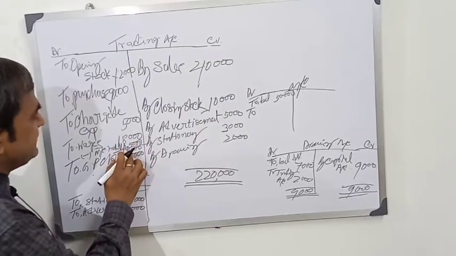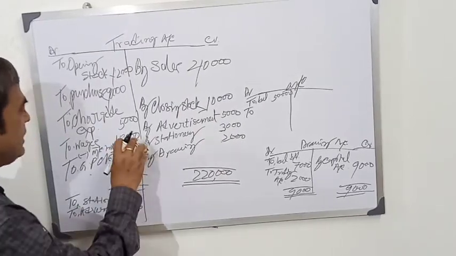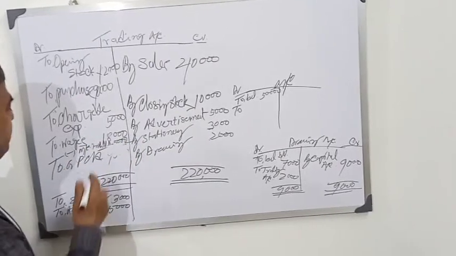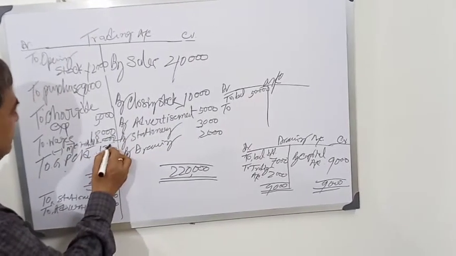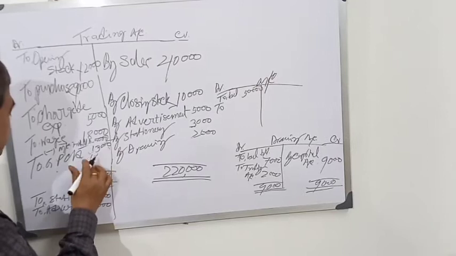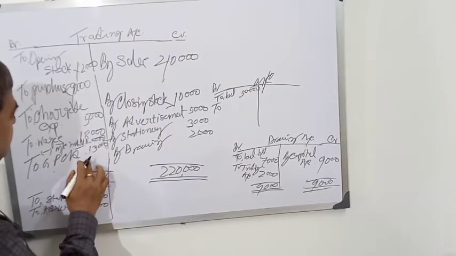This 18,000 becomes 13,000. You have to understand. So gross profit is again reduced by 5,000.